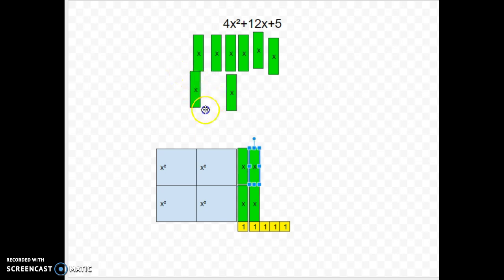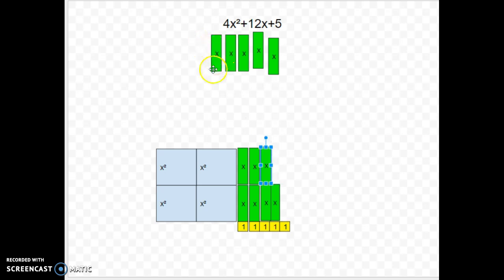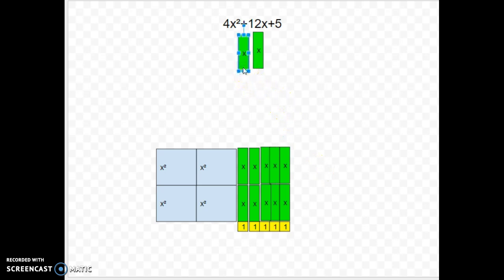So we're filling in all our blocks here. Let's see if they all go together. Like so. Okay, this is looking pretty good.